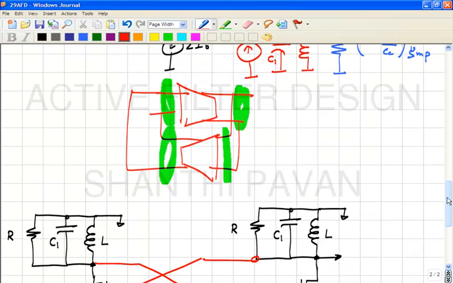Why should there be a -1? Please note that this only relates common mode signals, correct? As far as common mode equivalents are concerned, both these nodes are at the same potential, correct? So in other words, if I yank this common mode up, what do you think will happen to the output common mode voltage?